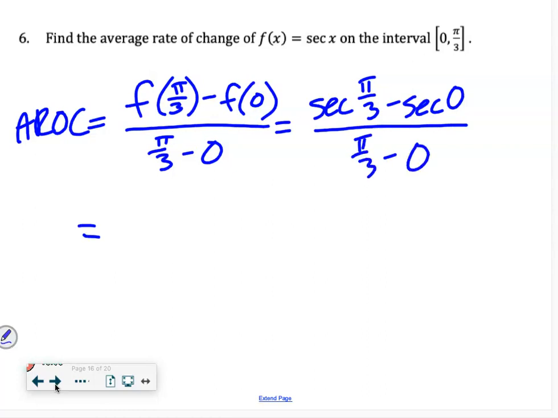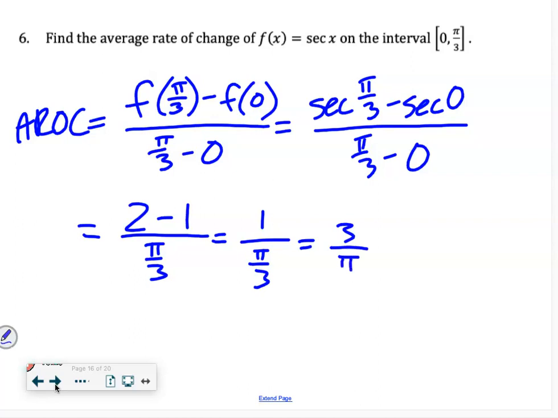All right. What's the cosine of pi thirds? 1/2. So what's the secant? 2, right? So 2 minus, what's cosine of 0? 1. So what's the secant? 1. So 2 minus 1 over pi thirds. 1 over pi thirds. You get 3 over pi. Something slightly less than 1.